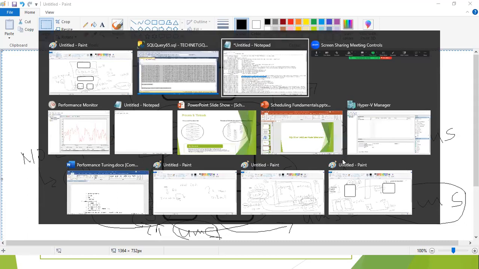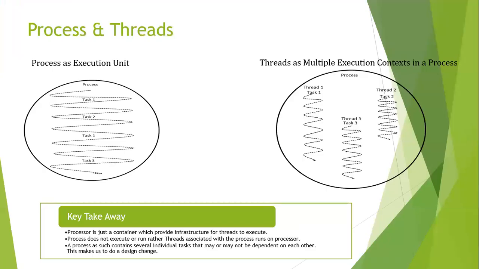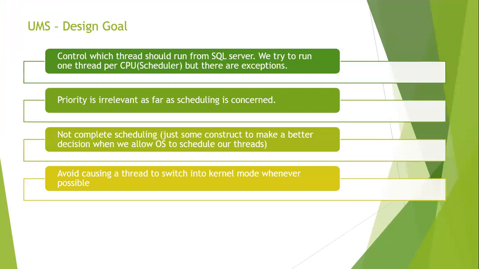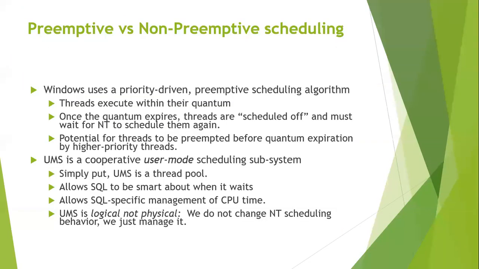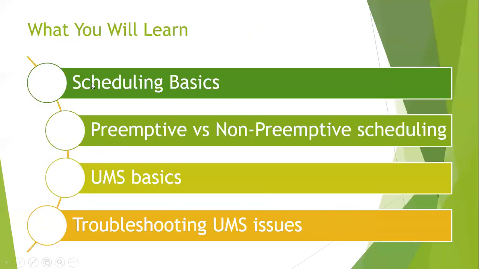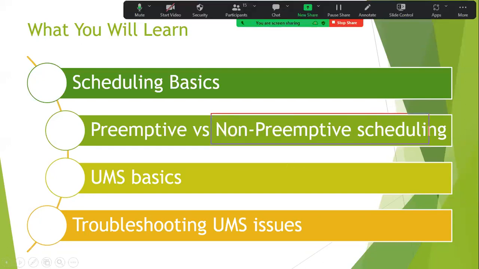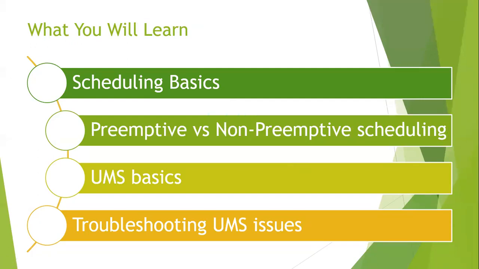Let me tell you how that works. This is almost like talk, but yeah. So scheduling: this is preemptive, and this is non-preemptive. SQL Server, we call it non-preemptive. Whatever thread priority we have, the thread will not be removed from the CPU.